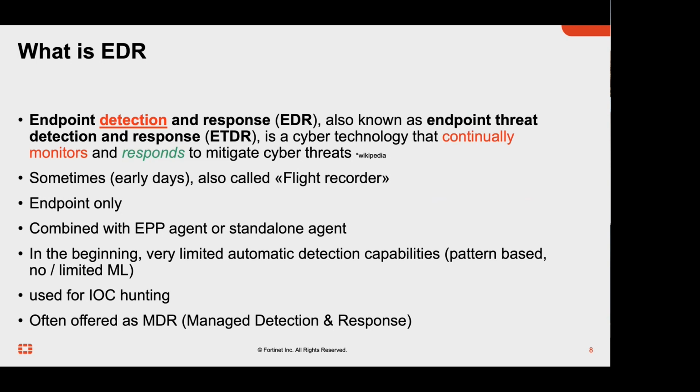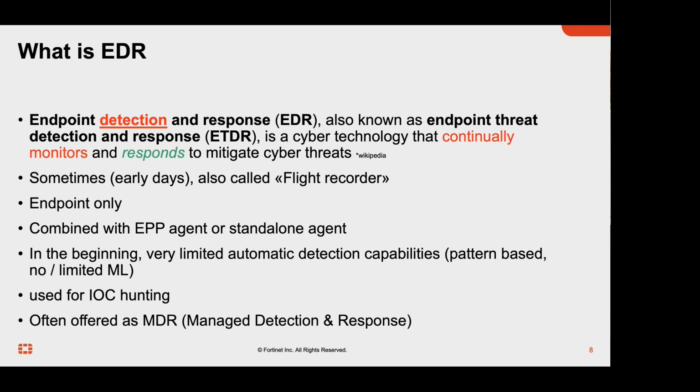In the beginning there was some really limited, not artificial intelligence, but more machine learning or signatures behind it, just to figure out if something bad happened on the client. But the focus was really on the SOC team, the forensic guys, to go into the console and check what's going on with the machine, searching for something malicious or suspicious, or something which is not normal in my environment, just to get all the information on what's going on on my endpoints.